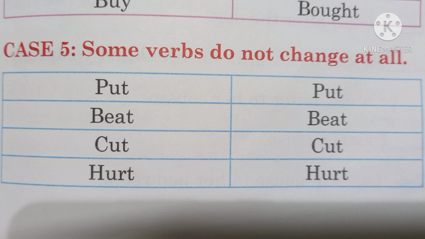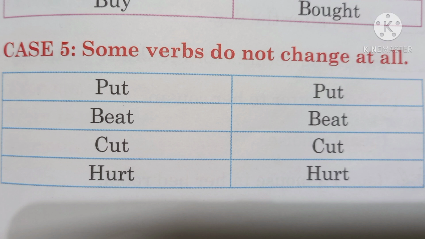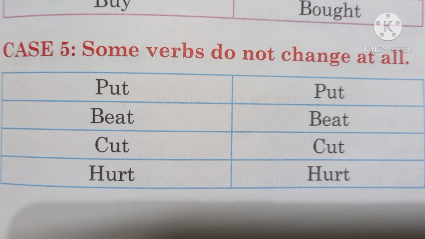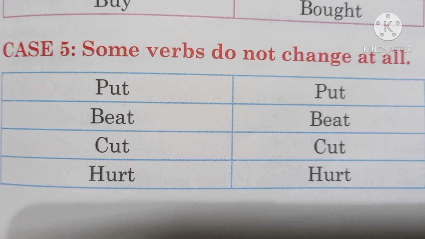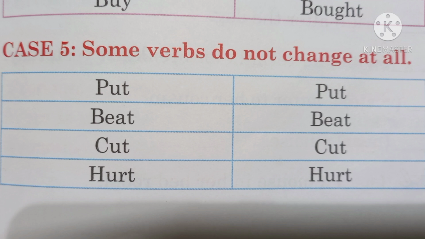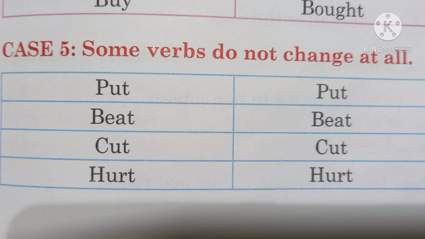When we change it into the past tense form, it remains the same. The structure, the spelling remains the same, that is put, put. In the same manner, when we say beat, the past tense form remains the same as beat. The spelling remains unchanged in this particular rule, and the previous rules we have discussed will not be applicable.